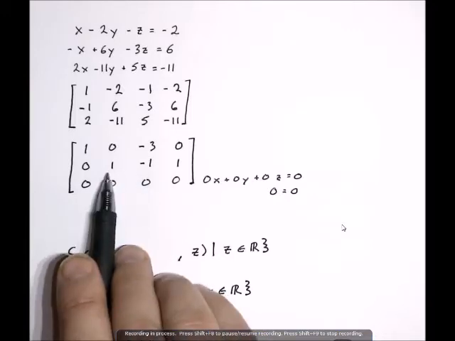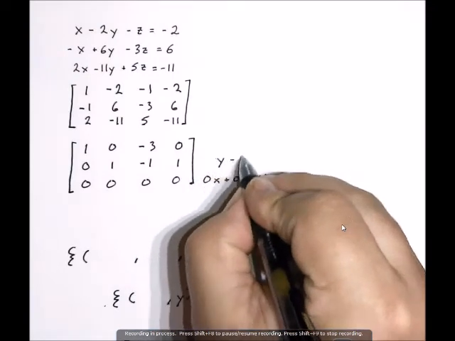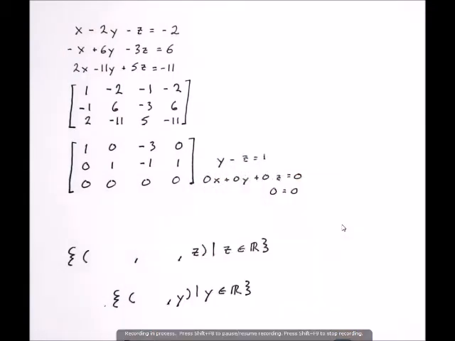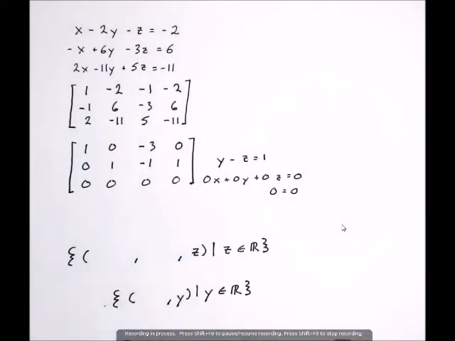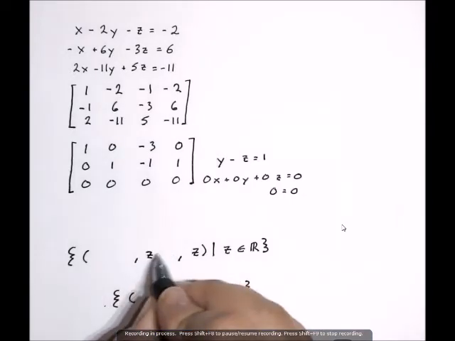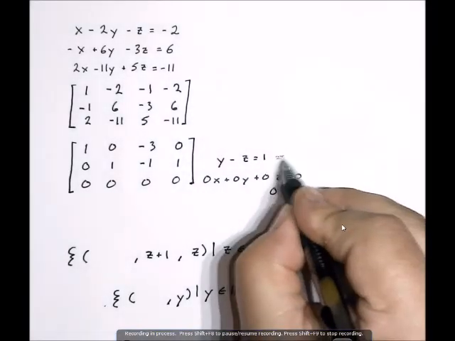So let's reconstruct this. This says y minus z equals 1. Well, that's really easy to solve for y. We just move the z over here. It becomes positive when it does. And y equals z plus 1. Let's write that explicitly here.